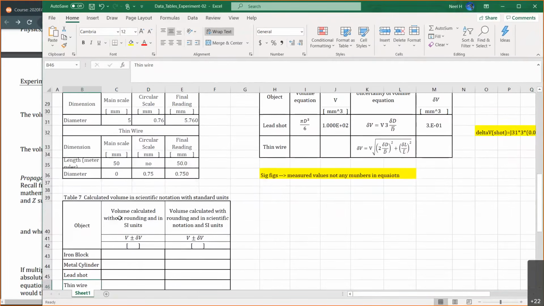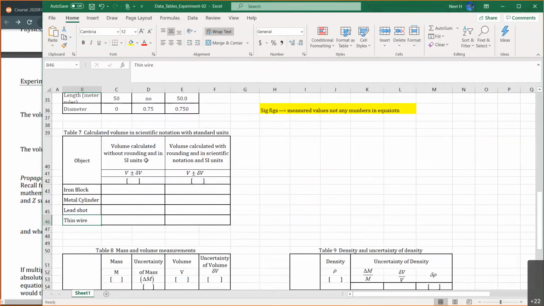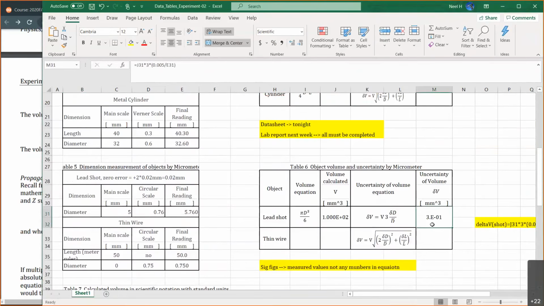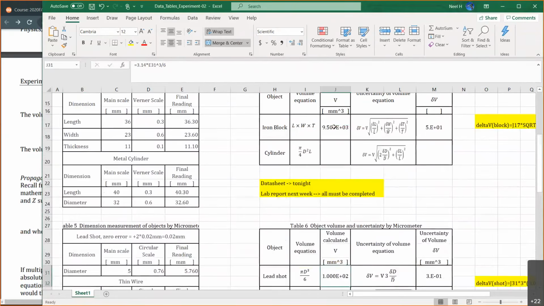And then it says volume calculated without rounding and then volume calculated with rounding, which means you have to use the non-rounded value and the rounded value. Technically, when I do these numbers, I don't need to really round to the exact significant figure with the correct accuracy.